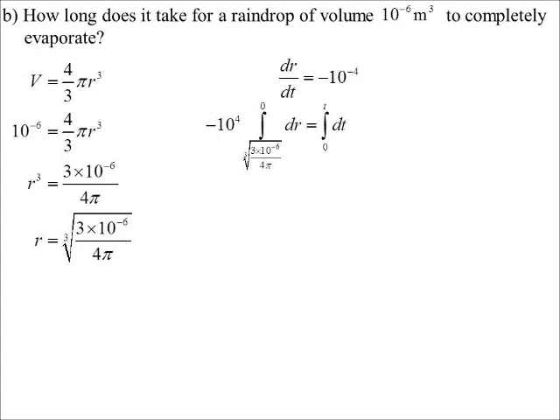On the right hand side I'm saying when t is 0, on the left hand side, the radius is that wonderful number that we just worked out, the cube root of 3 times 10 to the negative 6 over 4 pi. On the top, t is what I'm trying to find, the time for it to evaporate. Well, when it evaporates, logically the radius would be 0 because it's not there anymore. So this is the equation I have to solve.